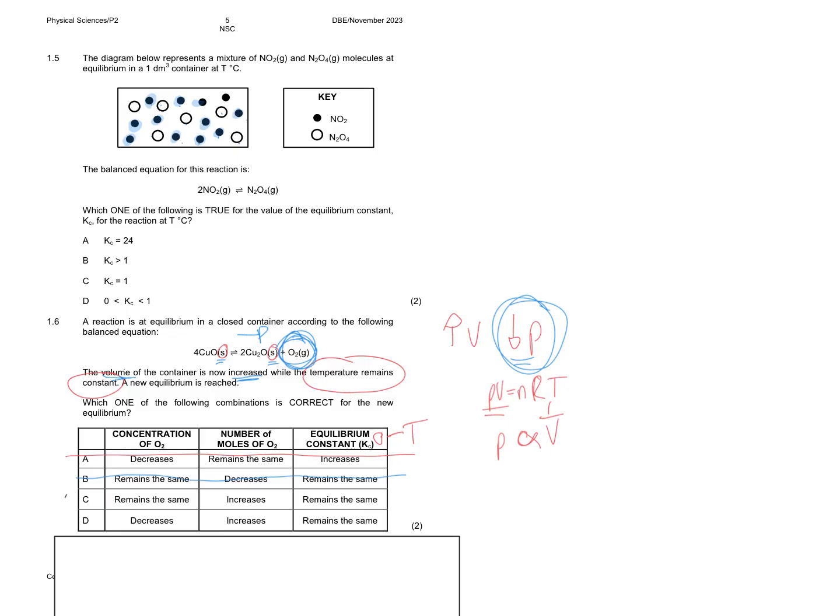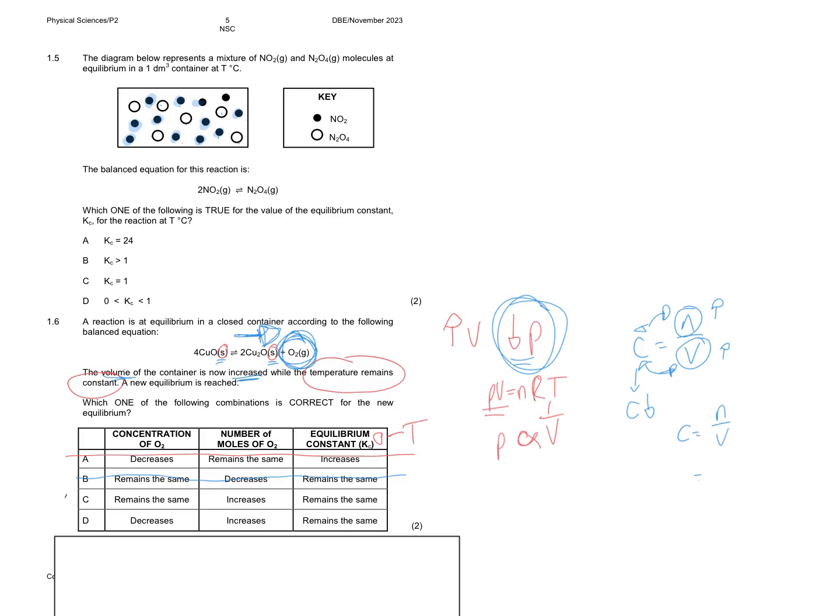Now they've made the volume bigger, so C equals n over V. If you make this number bigger, the concentration should decrease, but because you are favoring the forward reaction, you are also making this number bigger. So the volume is getting bigger, which makes the concentration smaller because they are inversely proportional. However, you are also making the number of moles bigger. If I can show you mathematically with numbers, it would be better.